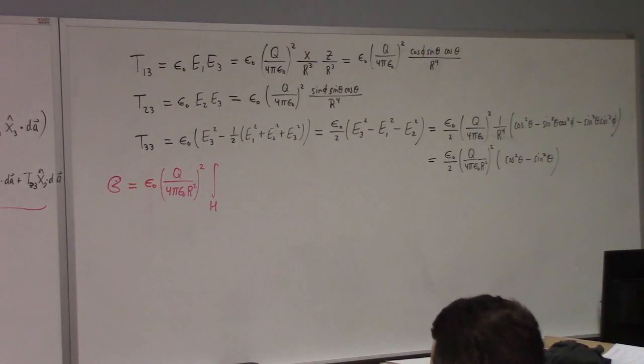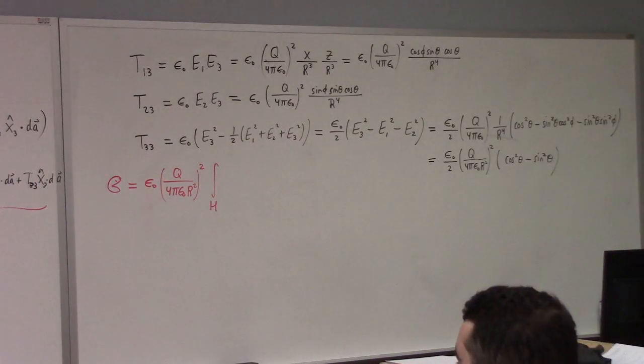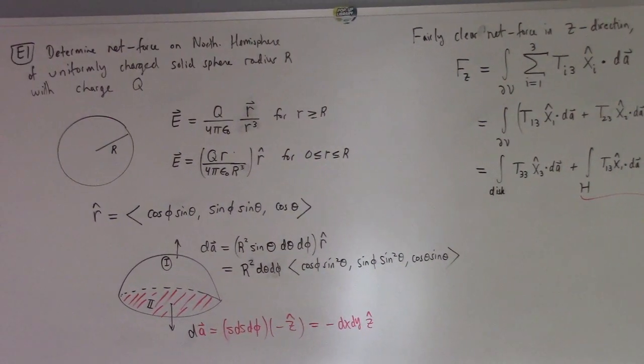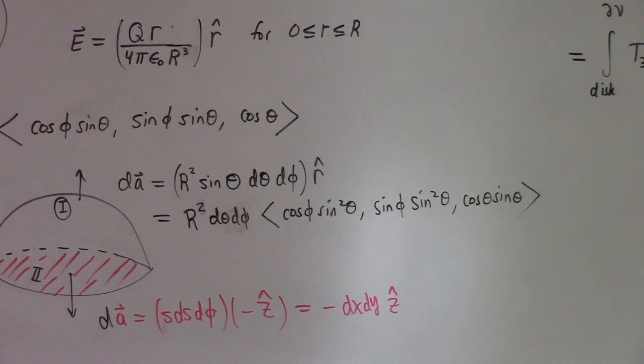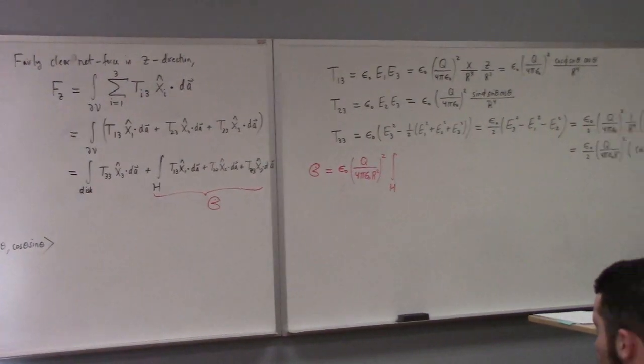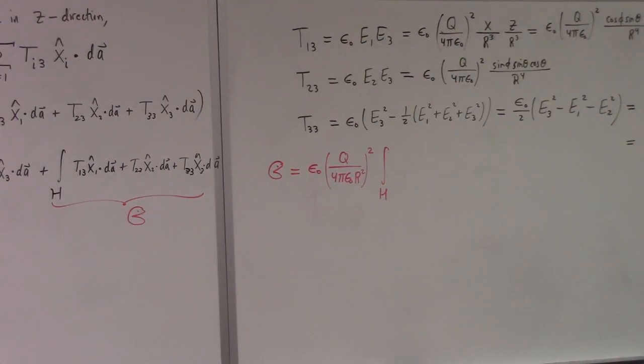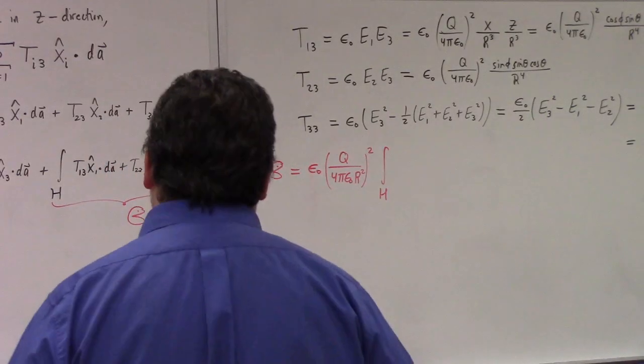There's my dA formula. You need to figure out what the x, y, and z components of that contraption are, right? So that right there, I use to actually do that calculation over here, like my x1 dot dA.